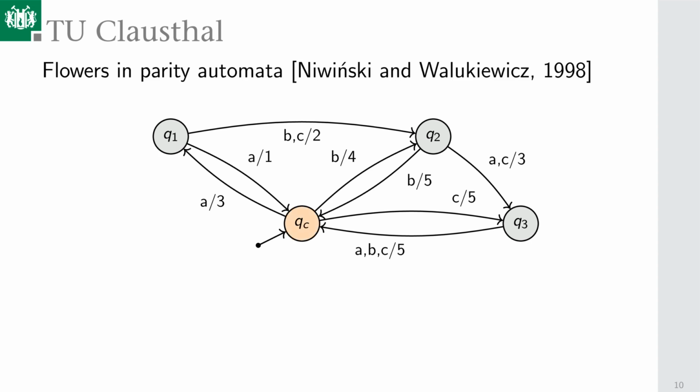A flower consists of a center state, and a flower path from the center state back to itself. Along different flower paths, the least color visited is different. In this example, and for QC as the center state, we have flower paths for the colors 5, 4, 3, 2, and 1.